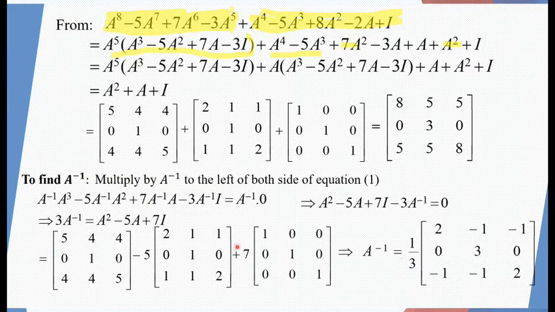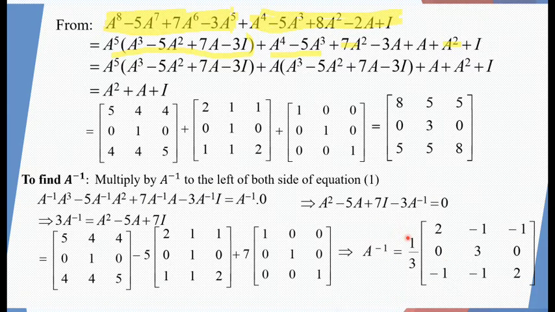So 7 or 1, 8 minus 5, so 3. 0 minus 0 plus 0 is 0. 4 minus 5 plus 0, so minus 1. 4 minus 5 plus 0, always minus 1. 5 minus 10 plus 7. So 5 or 7, 12 minus 10 is 2. And divided by this 3, we get A inverse, which is equal to 1 by 3 of this particular matrix.